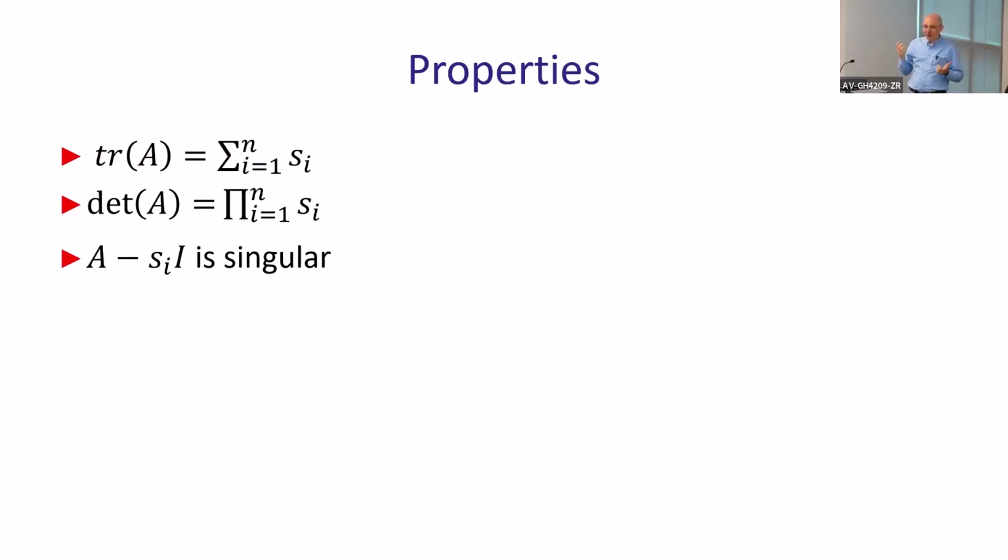This is one of Vieta's formulas, okay? The negative sum of all of the roots will give you the second coefficient. The last free coefficient of the polynomial is always the multiplication of all of the roots, no matter what polynomial you take.